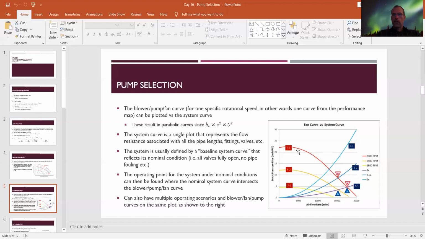Once I have my performance curve and my system curves plotted on the same graph, a lot of times you only have one of each: one system curve, one fan curve. So if I have just this one fan curve, F1, and this one system curve, S3, I can find the operating point. What's going to happen when I turn this pump on? These curves are for some particular rotational rate, and I turn the pump on at that rate.